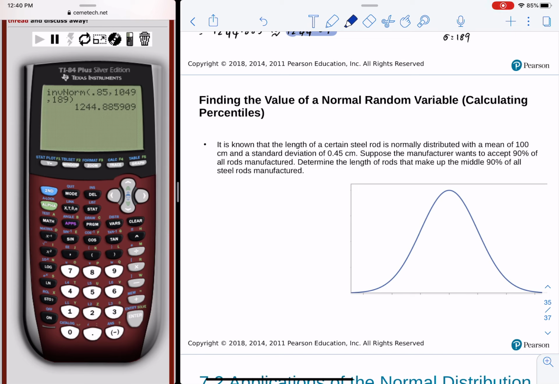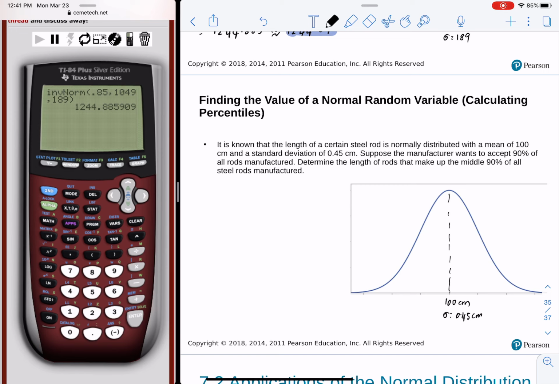So moving on to the next problem, it is known that the length of a certain steel rod is normally distributed with mean 100 centimeters, which would mean the mean is right in the middle, and the standard deviation is 0.45 centimeters. Suppose the manufacturer wants to accept 90% of all rods manufactured.